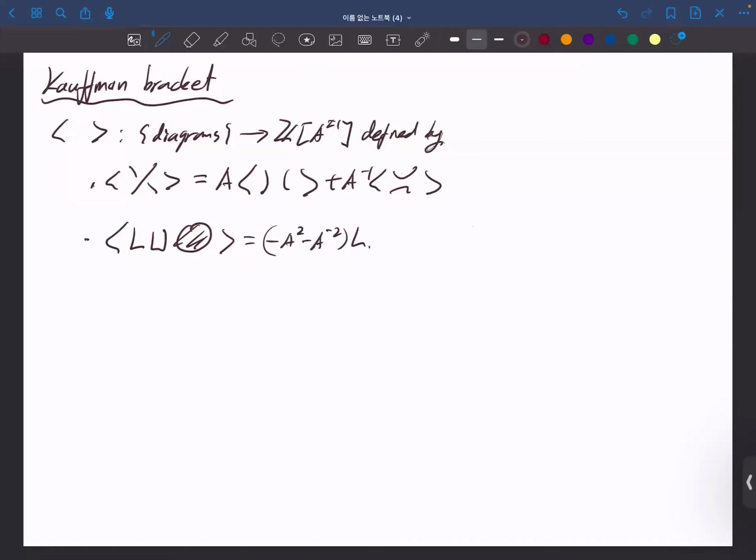Let me show one example. Let's say we have such a link, a two-component link. Then what we do: in the definition of the Kauffman bracket, firstly, for each crossing, it satisfies such an equality. So firstly, we choose one crossing and then apply that equality.